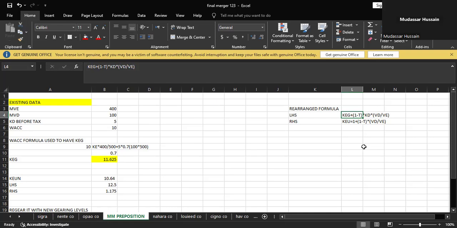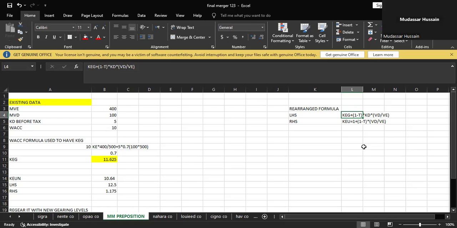On the right hand side, we said we will take the common. So the cost of equity of ungeared company is equal to 1 that was common plus 1 minus t into value of debt over value of equity. This you have to memorize.